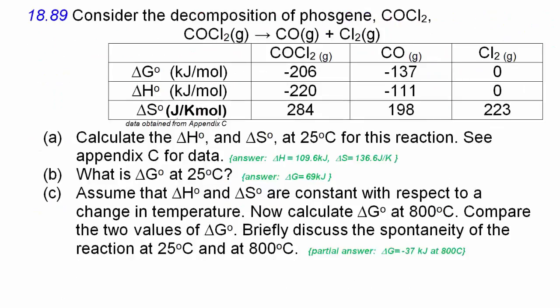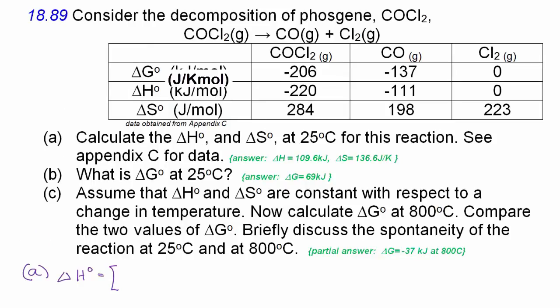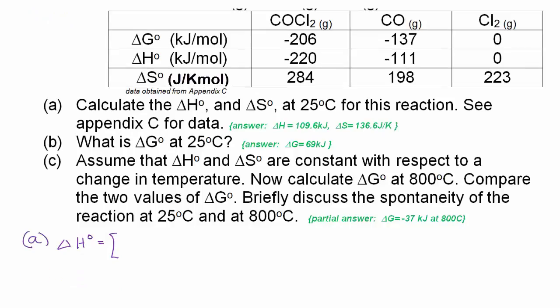Consider the decomposition of phosgene. Calculate the standard change in enthalpy and the standard change in entropy at 25 degrees. Okay, so part A. Products minus reactants. CO and Cl2. CO is a negative 111.